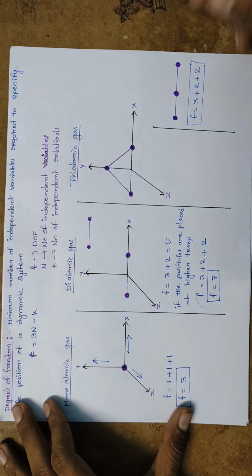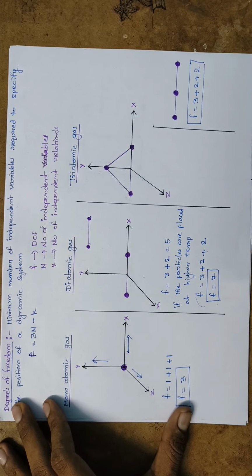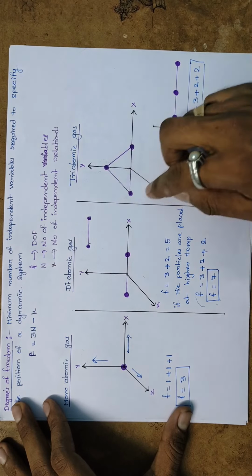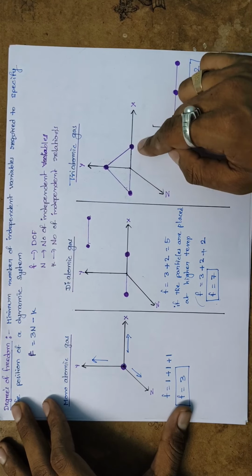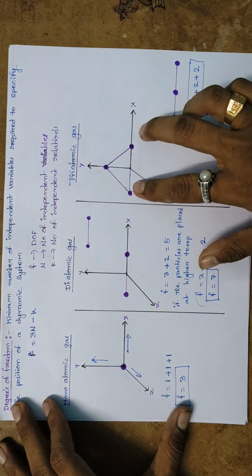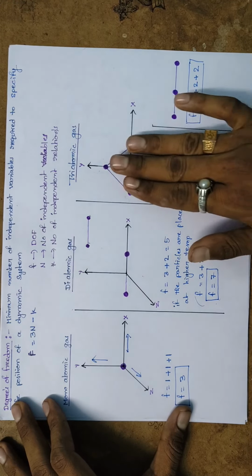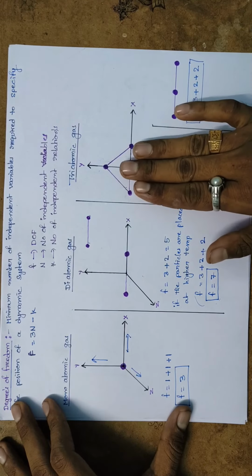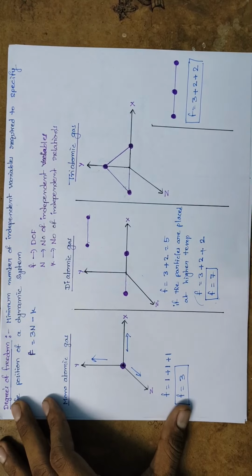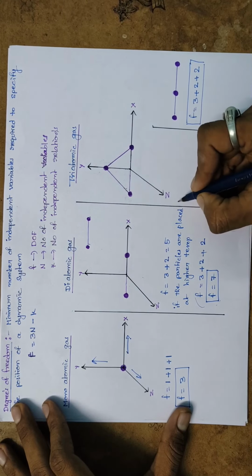Suppose the triatomic gas molecule is a non-linear molecule. Here the structure looks like a triangular shape. Triangular shape is nothing but non-linear, isn't it? So in this case, these three particles either move along x-axis, or along y-axis, or along z-axis.